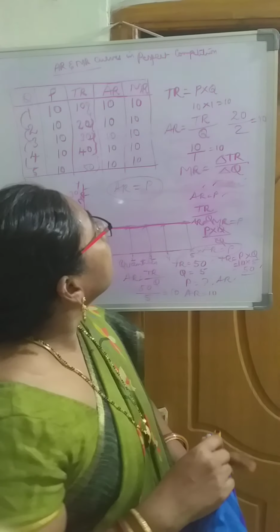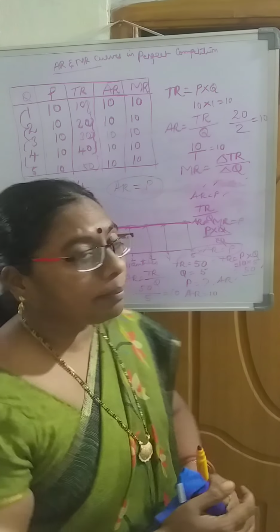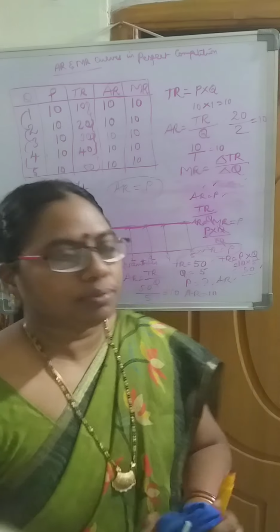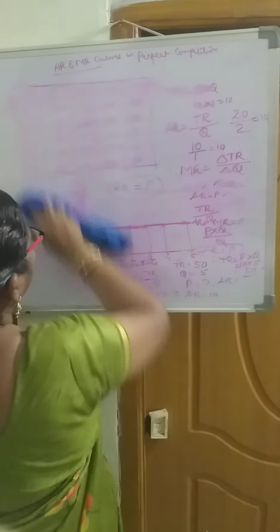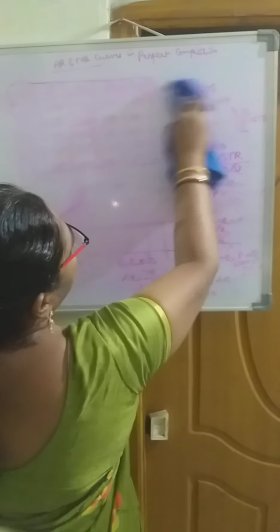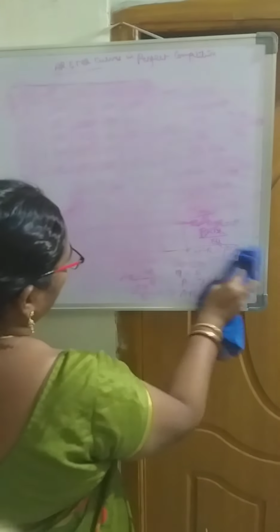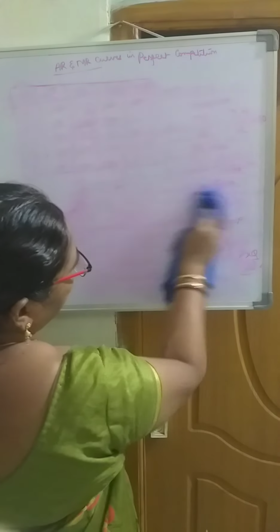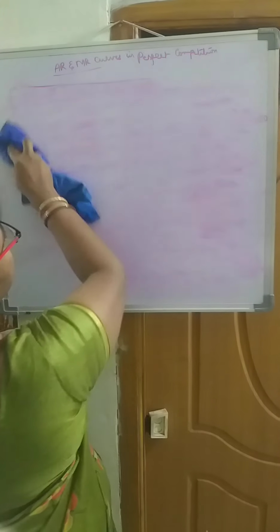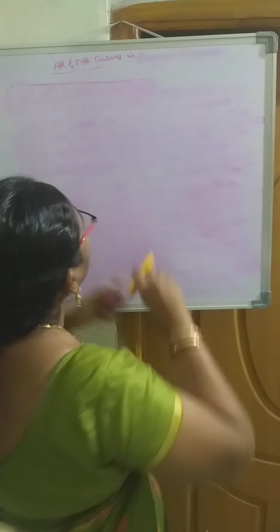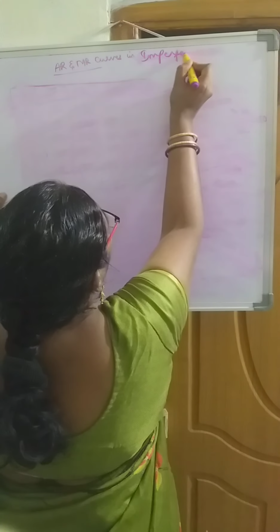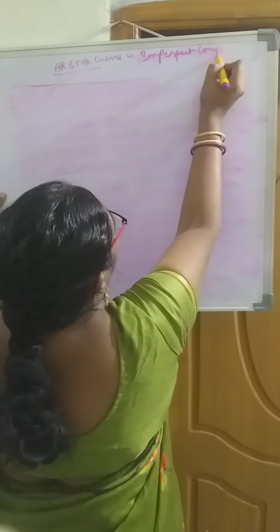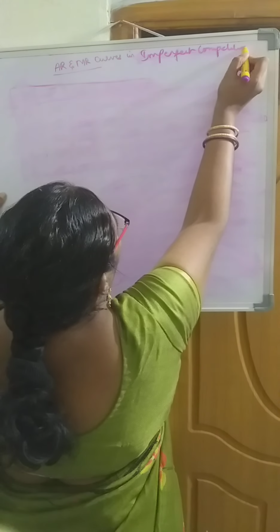Now we'll see AR and MR curves in imperfect competition.